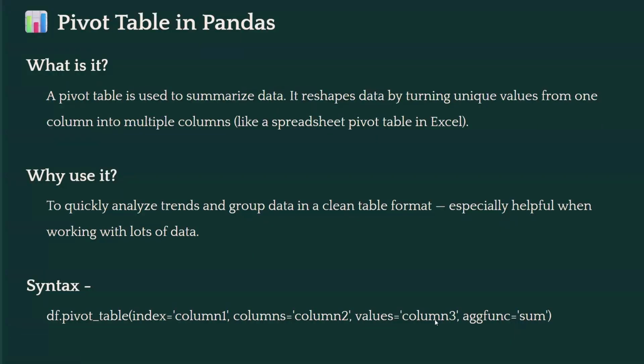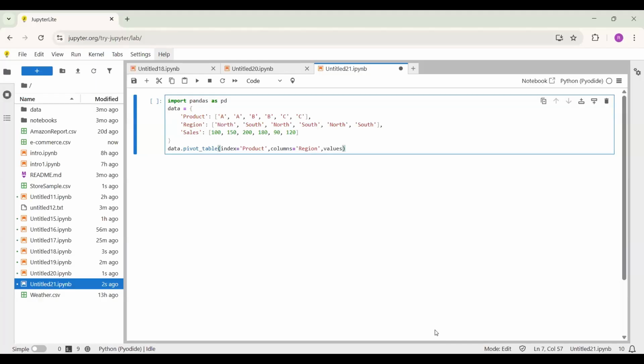These keywords will remain as they are: values is equal to, I will pass the sales column. And I'm passing a function, that's also required. The function I'm applying is sum. That means I'm doing a sum of these sales.